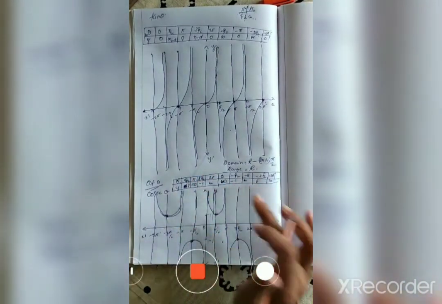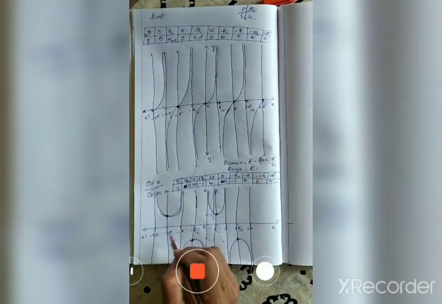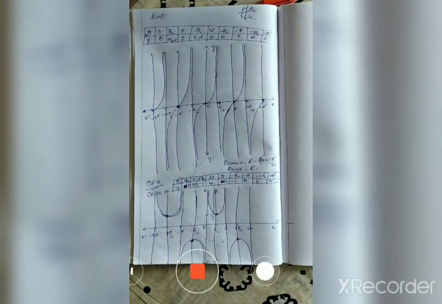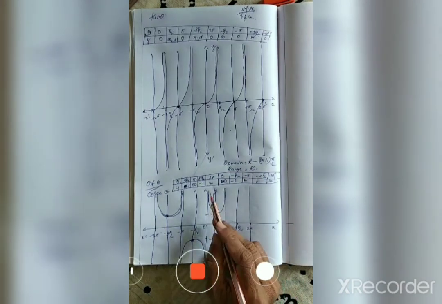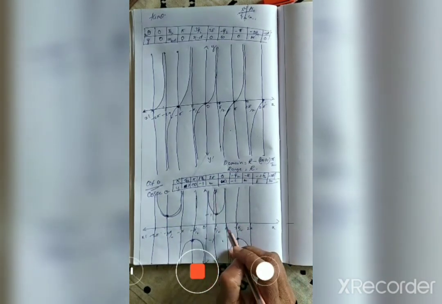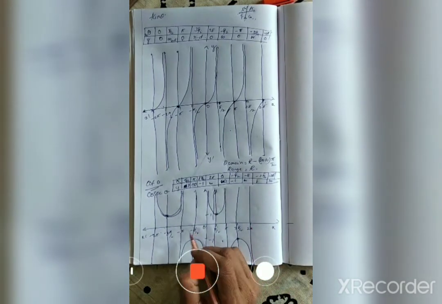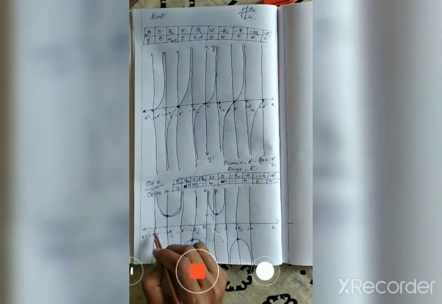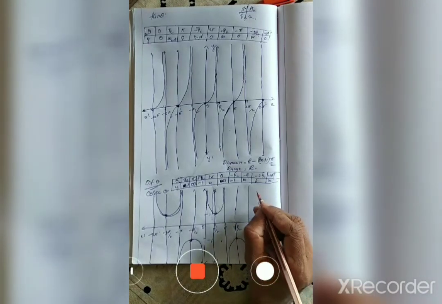And what about the domain of the cosecant function? Here also, for some values the function is not defined. Where? At 0 the function is not defined. At pi it is not defined. At 2 pi it is not defined. At minus pi, at minus 2 pi. So at 0, pi, 2 pi and so on it is not defined. So how do we define it?